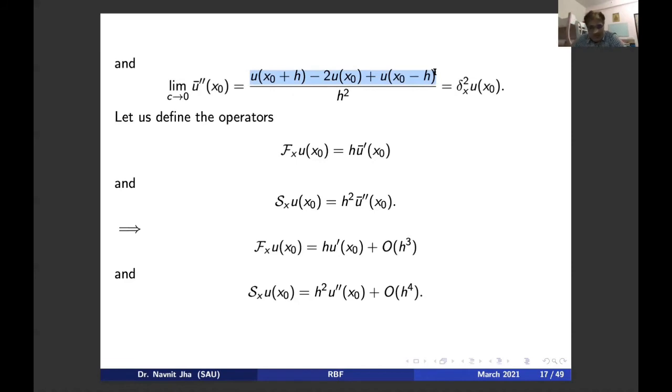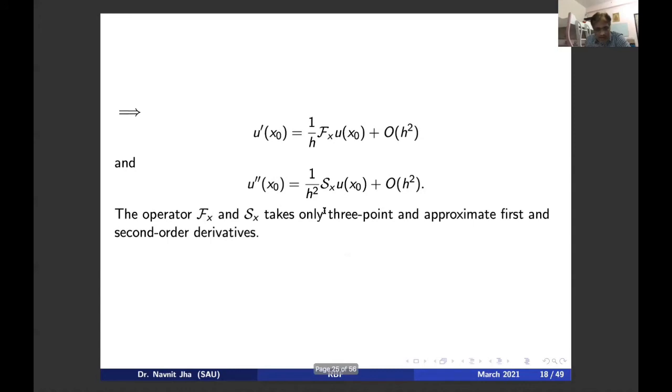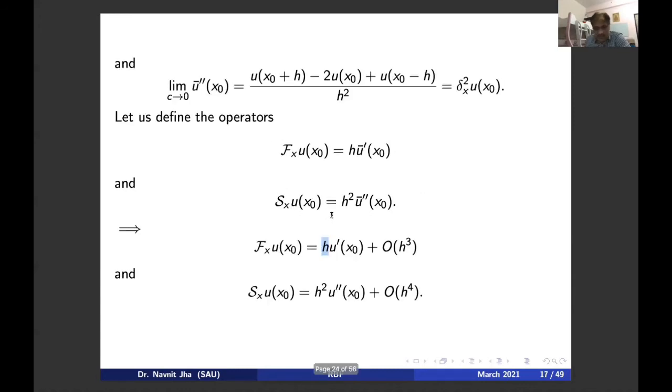So these two operators are basically coming out to be h u prime x naught plus order h cube. Please note that in this line there is no bar on u. This is because I have expanded u bar prime.